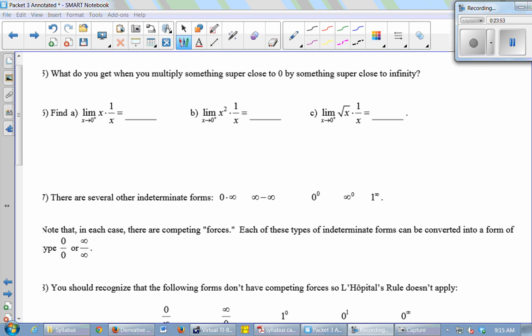Well, that x is going to go to 0, and 1 over x is going to go to infinity. But I can simplify. X times 1 over x is 1. So the limit as x approaches 0 from the right of x times 1 over x is just 1.